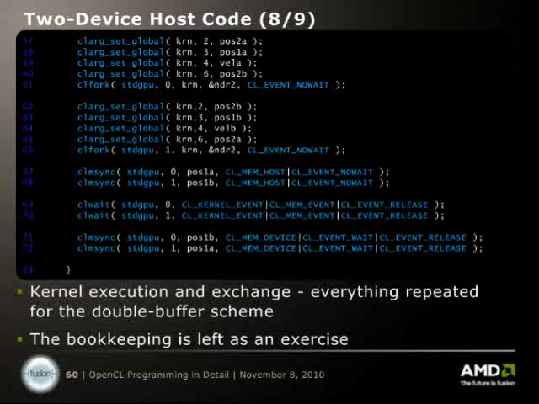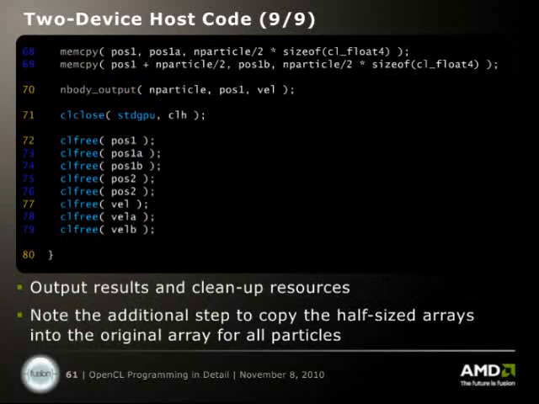But the end result is that the updated particle positions are back in array number 1, either 1B or 1A. So at line 68, the particle positions are synchronized to the host, but what we have to do is copy them back into our larger array that holds all particle positions.